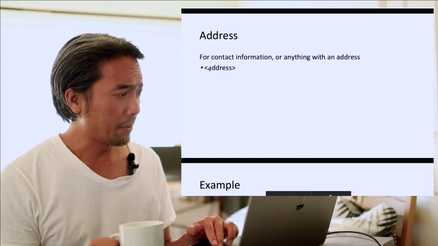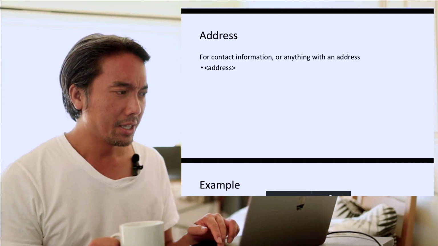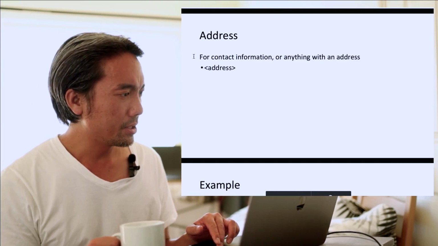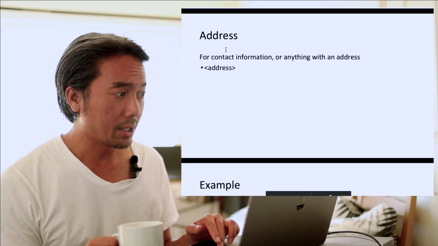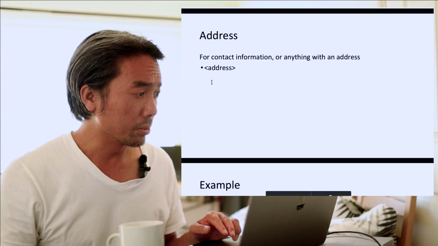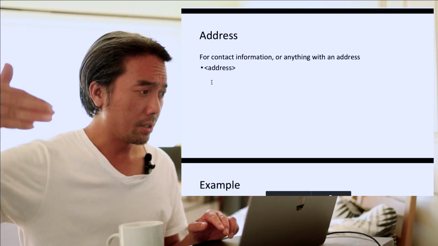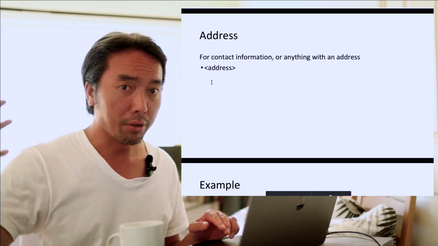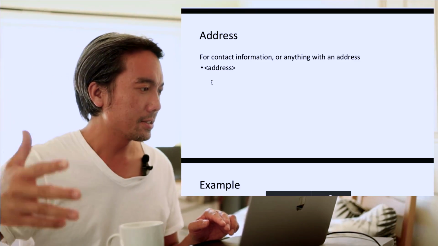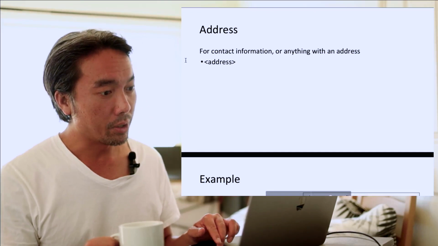You also have an address tag. I don't know if this is true. Is there an address tag? I think there is. I can double check on W3C or W3Schools.com to have a good full tag reference. I like W3Schools. If you go on that website, you can search for the HTML tags reference, and it'll just list in alphabetical order all the tags. So address tags. I got this from somewhere, so it should be a tag too.